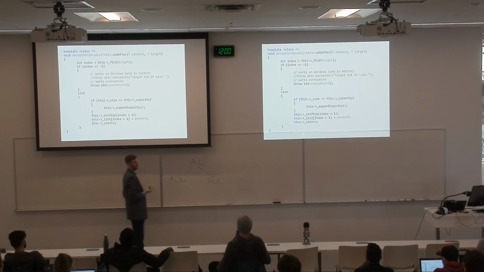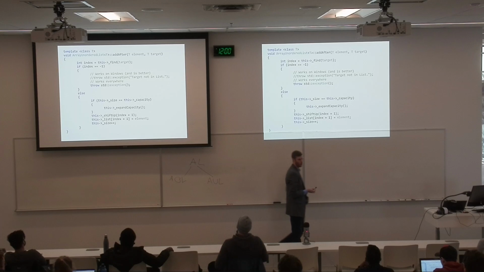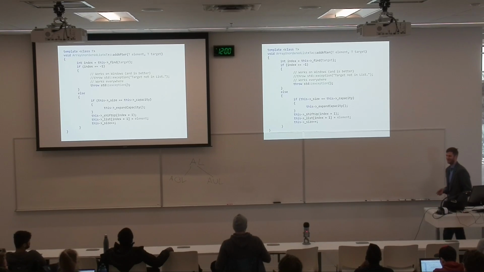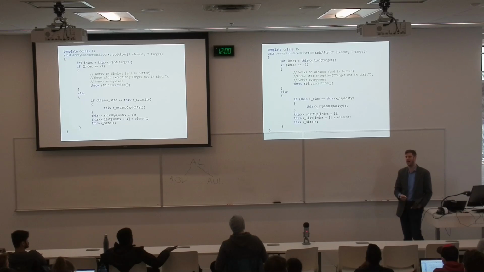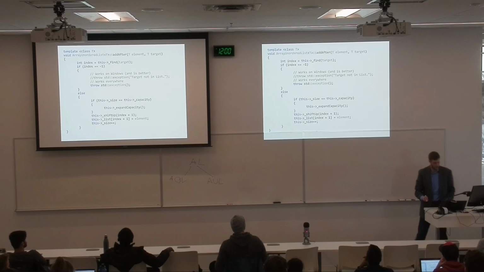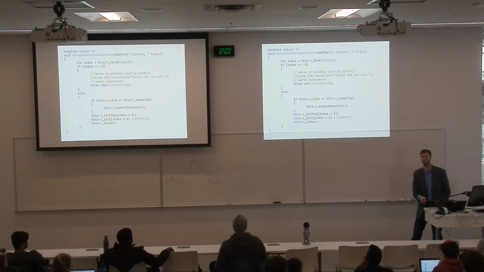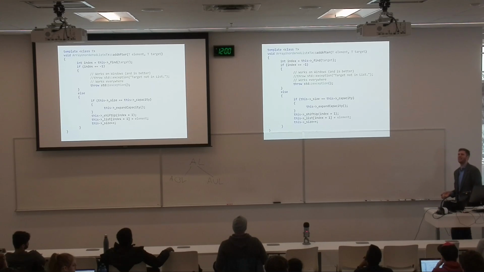What's the computational complexity of this one? Well, we have to do find. And find takes how long? N. We might have to expand capacity. What about shifting up? How long does that take?